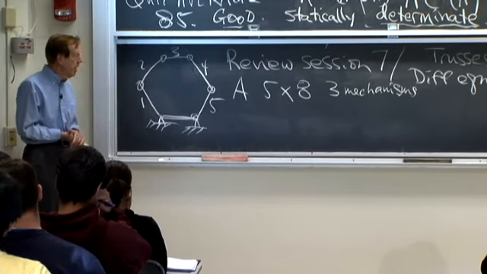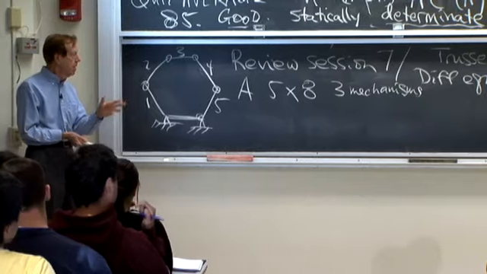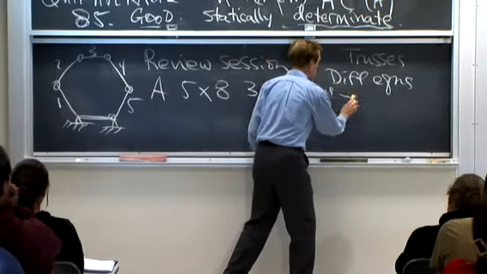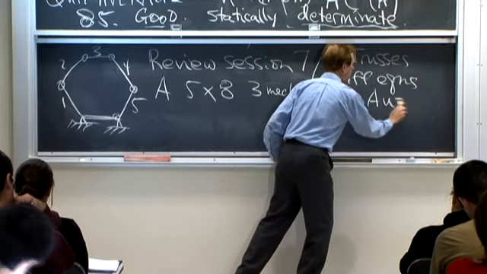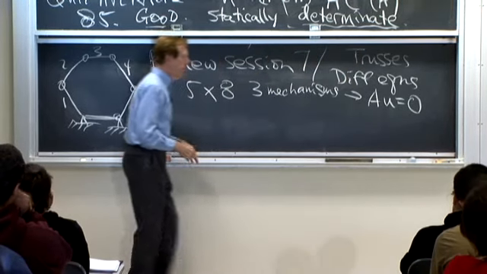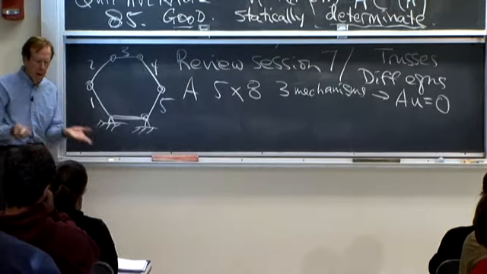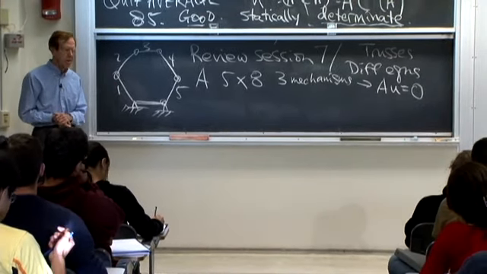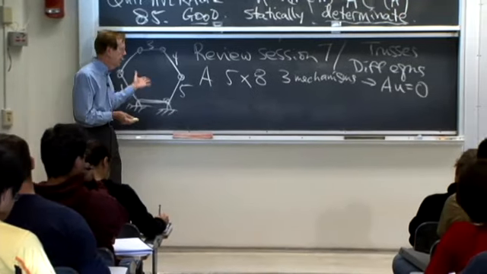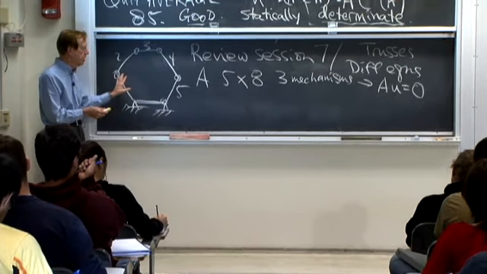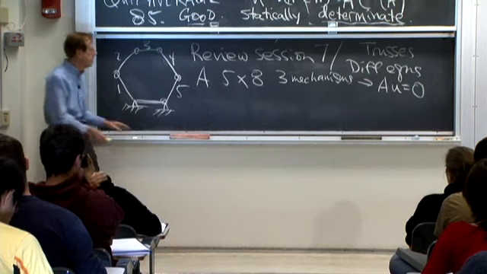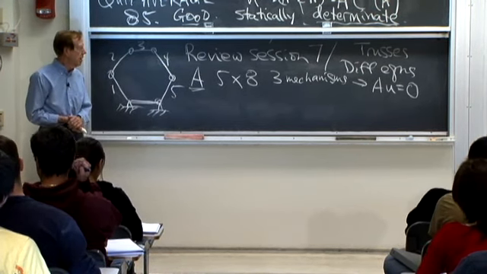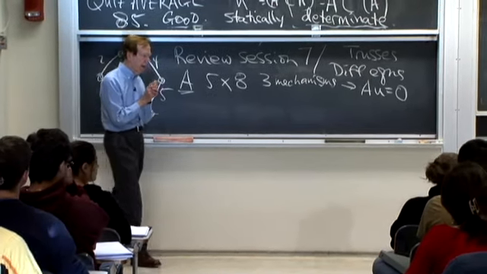A should look pretty nice, but the solutions to these mechanisms are, of course, solutions to Au equals 0. And I'm hoping that we learn from this example. It's pretty small MATLAB. It's really just the creation of the matrix A. So that was a comment on that, which I added to the homework.